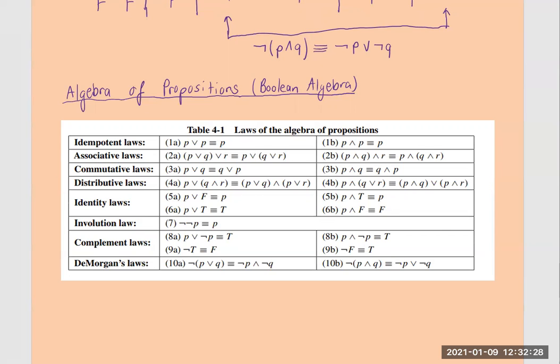So algebraic equalities will help us as a base of the proposition, like P and P is equal P. I'm sorry, P or P is equal P. Okay, and P and P is equal P. We accept that one.